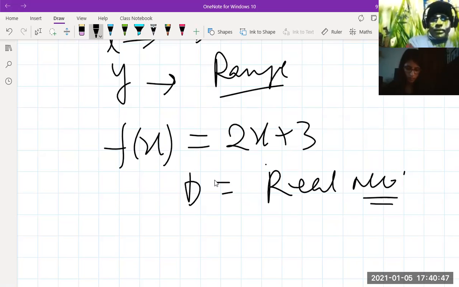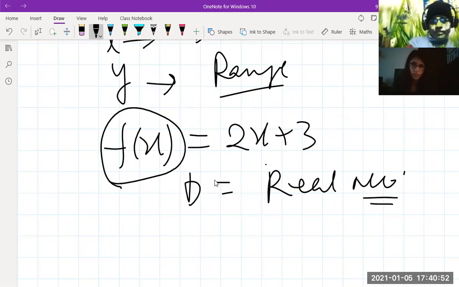Accordingly, if we get the value of the function, the range is obtained from the domain itself. How do we get the range? We put in the value of x, and the value of the function, the value of y, comes out. That is why we call it the dependent variable, because the value of the function depends upon the value of x, right?